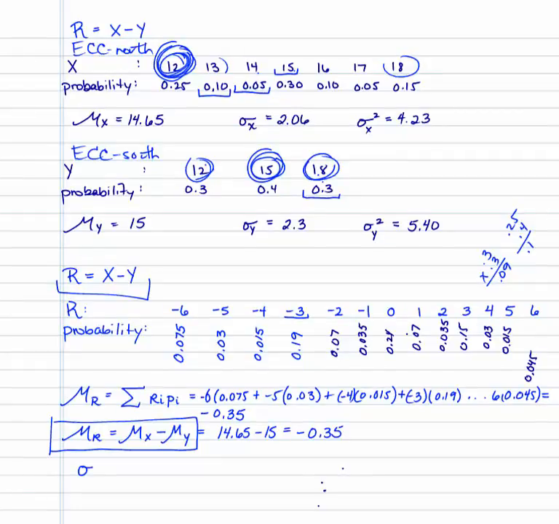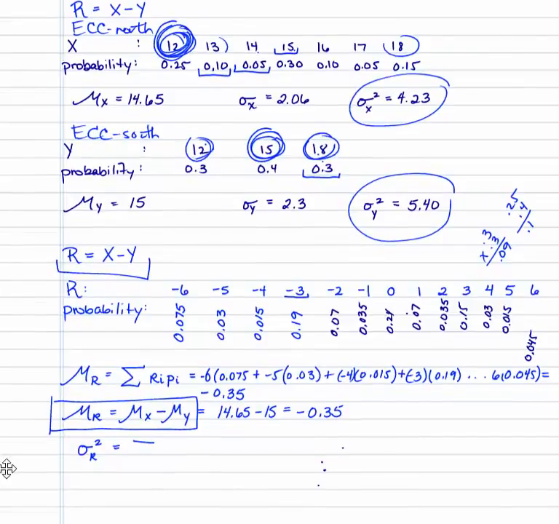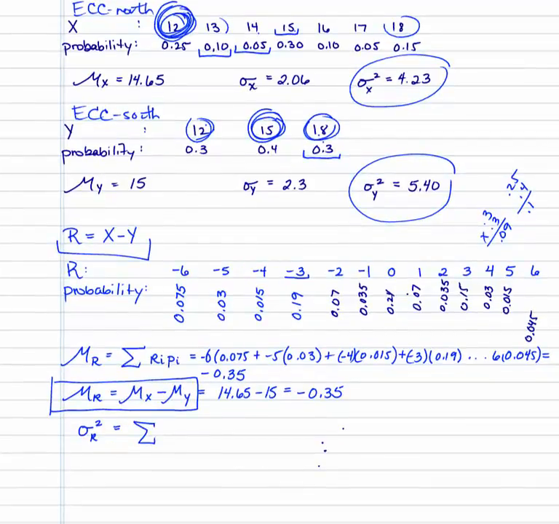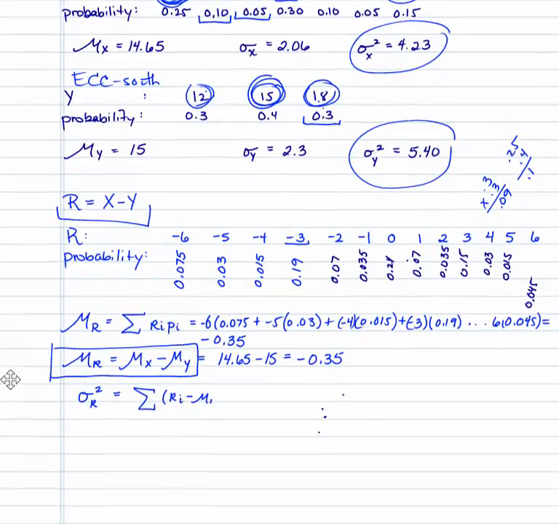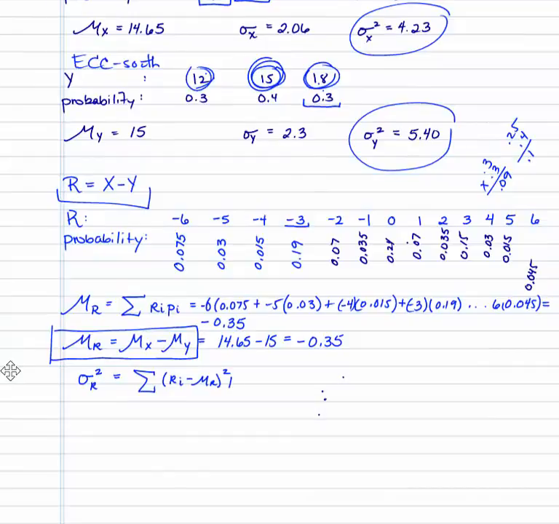Now the variance. I kept the variance from the last page up here. So let's talk about what the variance of R would be. That's where you're going to sum up the value of R, and you're going to take away the mean of R, square it, and then multiply it by its probability. And you sum all those up. So what it would look like would be -6 take away -0.35, square it, and times it by 0.075.